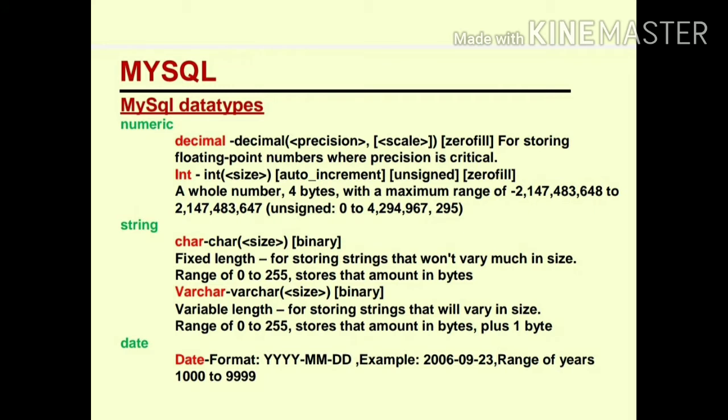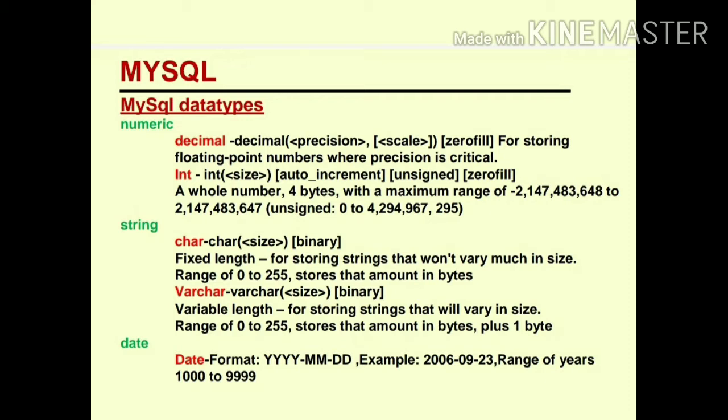Now basic data types. Data types are the means to identify the types of data. We have three basic types of data types: numeric, string, date. Numeric again consists of two types: decimal or whole number. If you want to deal with whole numbers without decimals, we use int. But if you want to deal with decimals, then you have to use the decimal data type. For string, we have char and varchar.